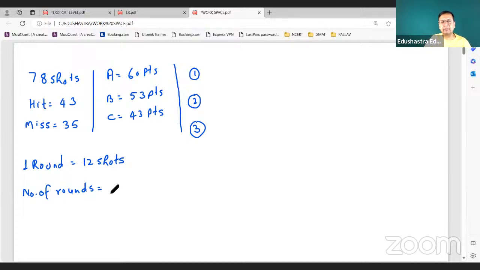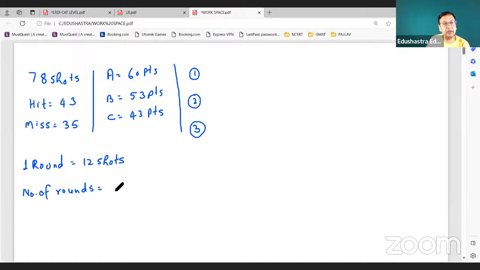See, total 78 shots are there and 12 shots are there in one round. So if I am taking first round, 12 shots, second round, 24 shots, third round, 36 shots, and so on, moving gradually. So I can fire a number which is a perfect multiple of 12 under 78, right?